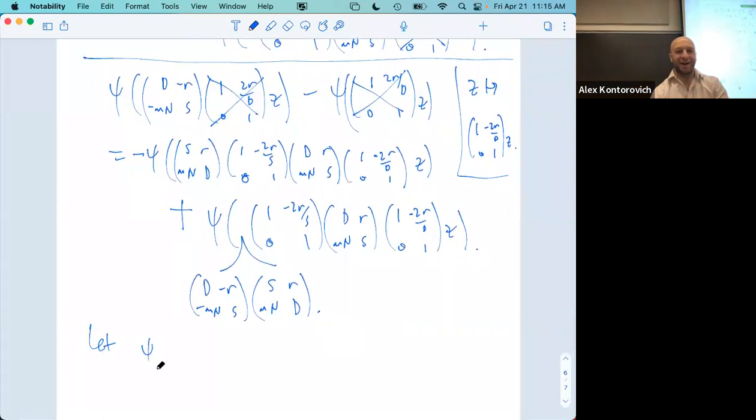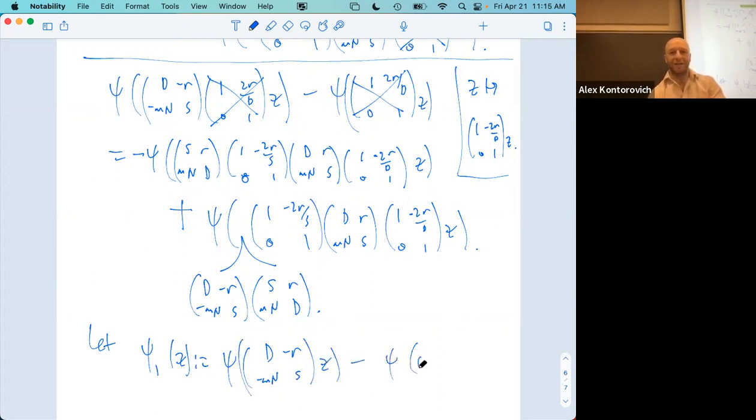Let psi1 of Z be defined as psi of D minus R minus MN S of Z, minus psi of Z. That's the top, the numerator. What's the bottom?